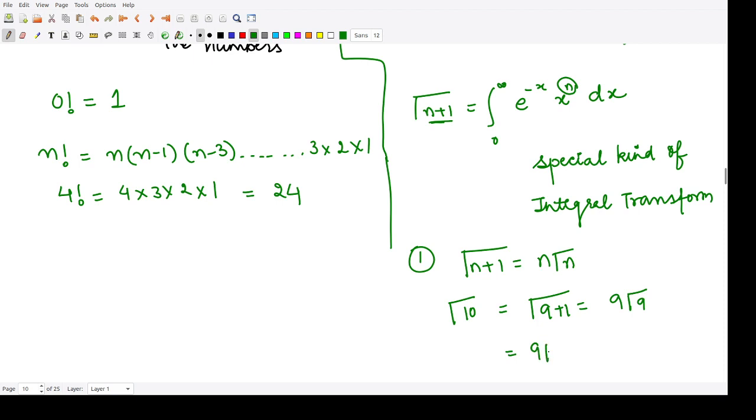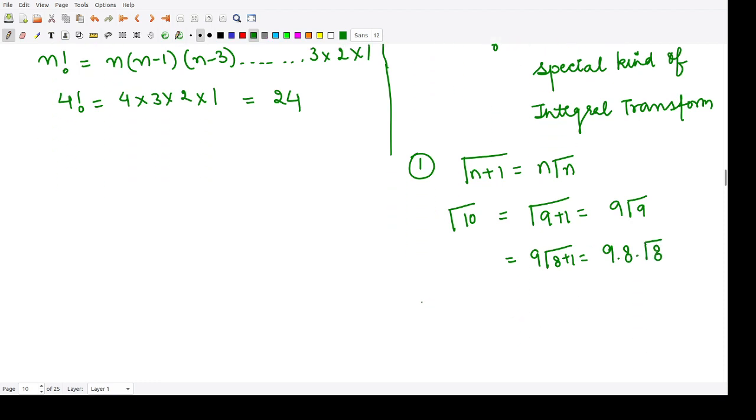Again you could write gamma 9 as 8 plus 1, so this would be 9 into 8 into gamma of 8. Then again, this is 9 into 8 into 7 into gamma 7, and so on. Finally, you would obtain 9 into 8 into 7 into 6 into 5 into 4 into 3 into 2 into 1 into gamma 1.